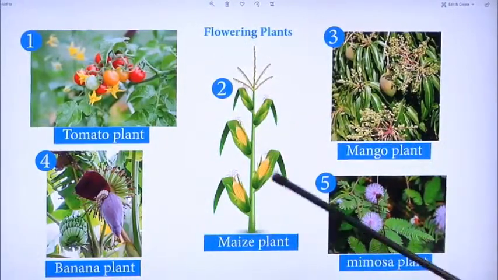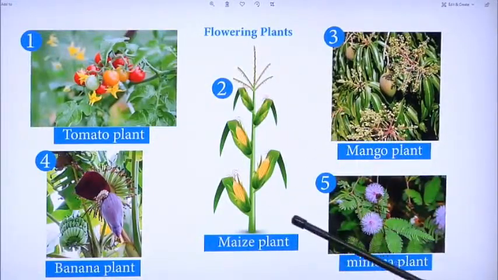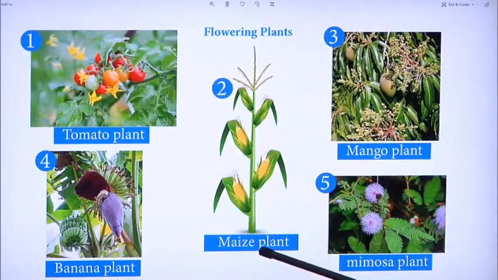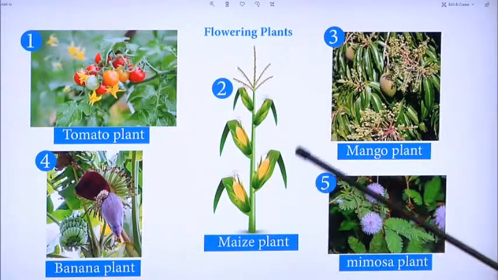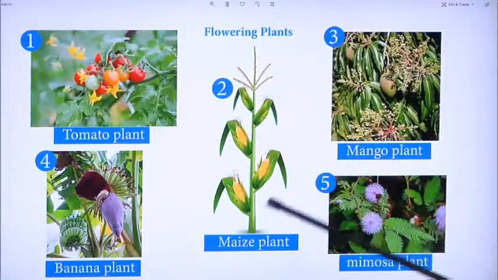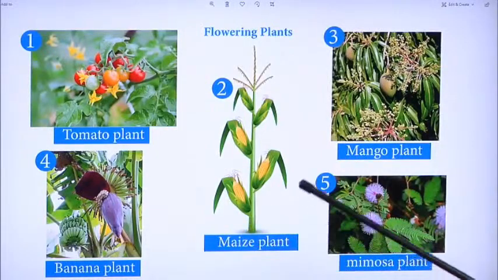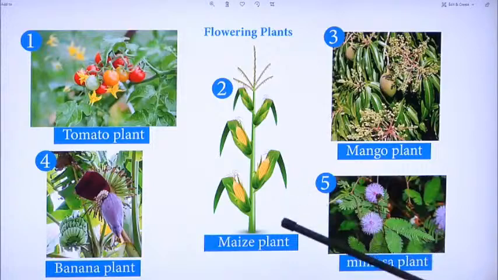Let us look at picture 2. Look at the picture well. This plant is called maize plant. Let's see if it has flowers.